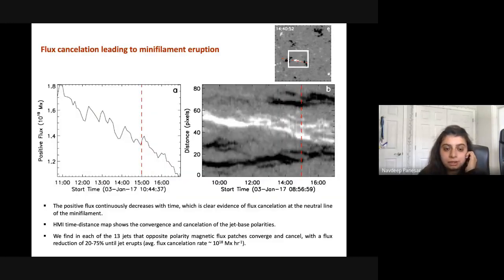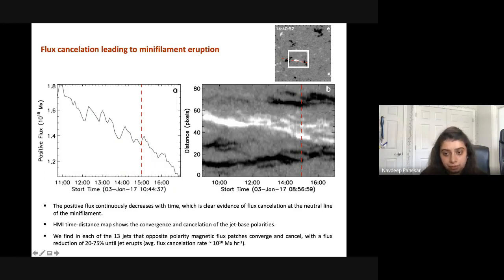And these are the flux plot and flux maps that show further evidence of flux cancellation. Flux is clearly decreasing, which provides clear evidence of flux cancellation at the neutral line. And in this time-distance map, again, we observe the same scenario that two patches are far away from each other.